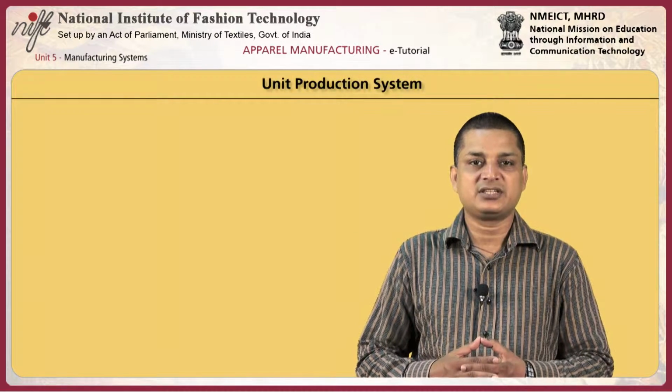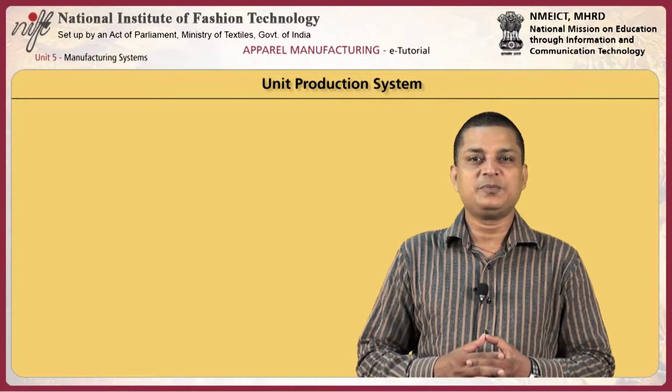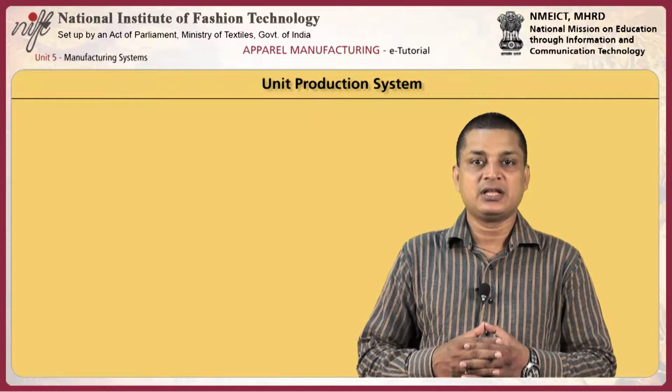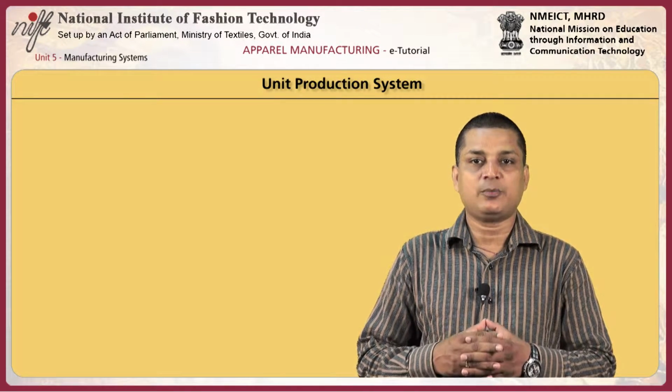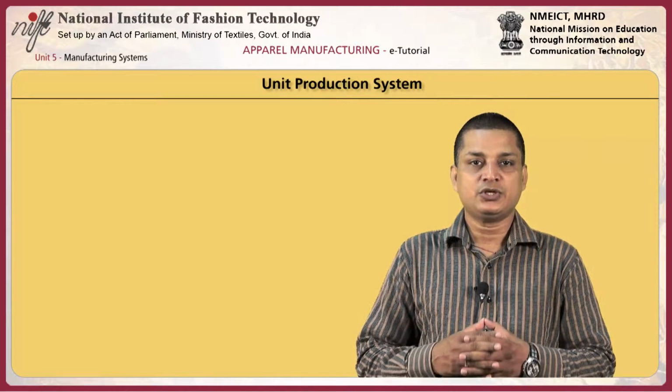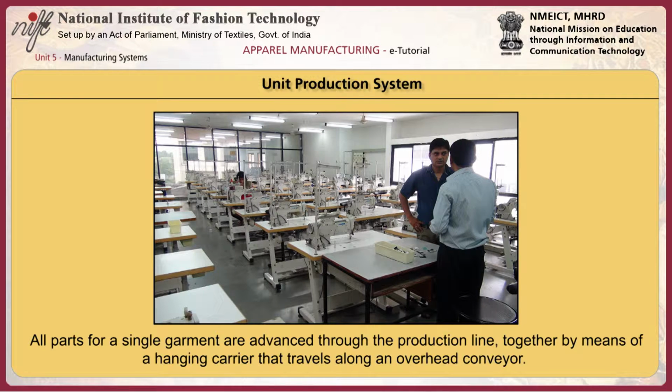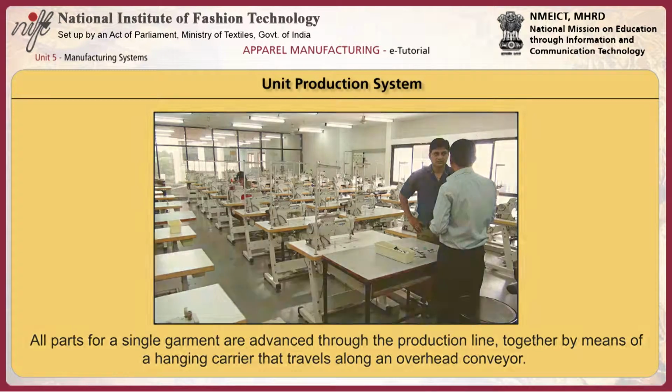A unit production system, also known as UPS, is a type of line layout that uses an overhead transporter system to move garment components from one workstation to another for assembly. All parts for a single garment are advanced through the production line together by means of a hanging carrier that travels along the overhead conveyor.